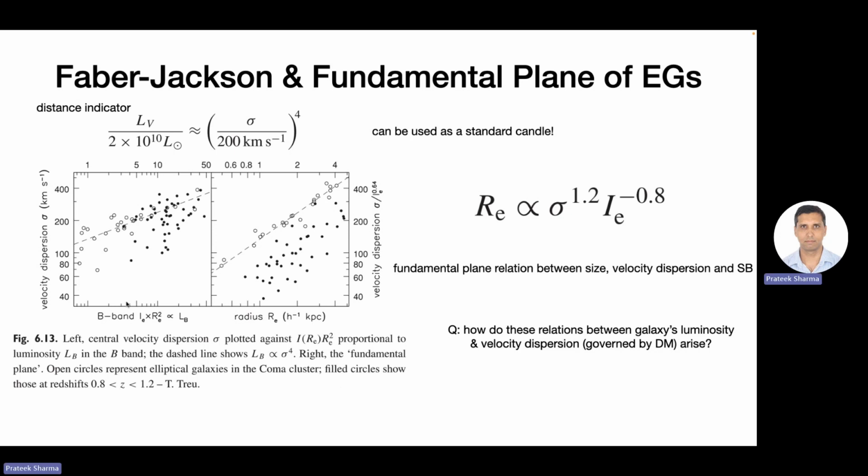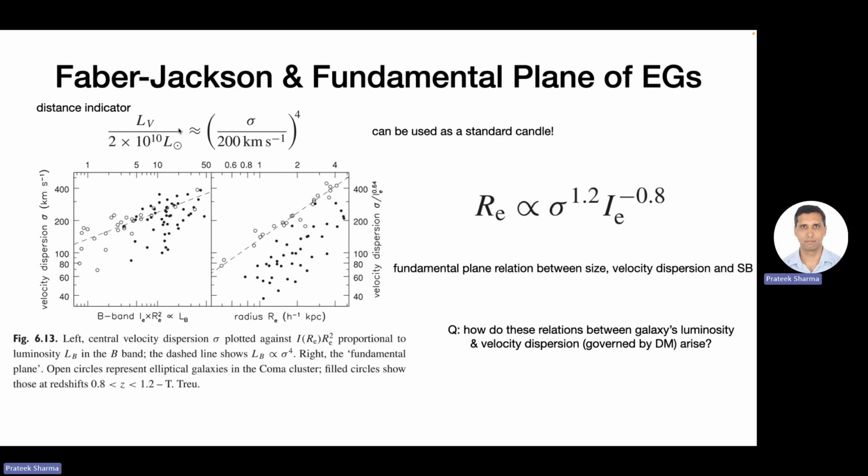So this can actually be used as a distance indicator. It's not as good as Cepheids and type 1As, but this is also used. This is the rough scaling shown here. The V band luminosity is proportional to the velocity dispersion to the power of 4. This is sometimes called the Faber-Jackson relation in elliptical galaxies.